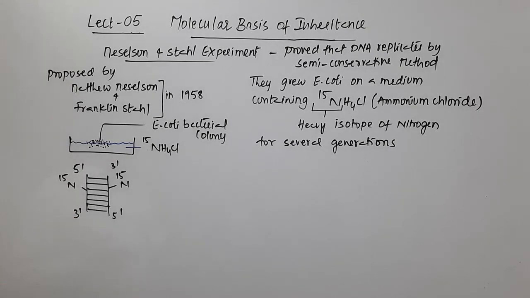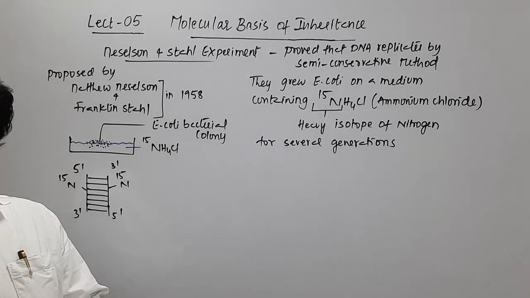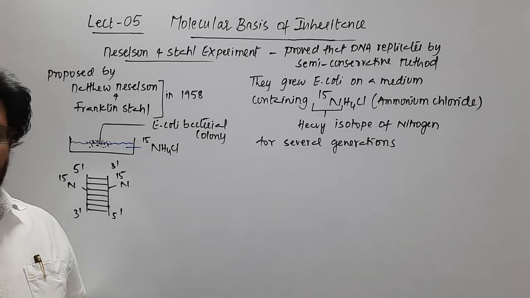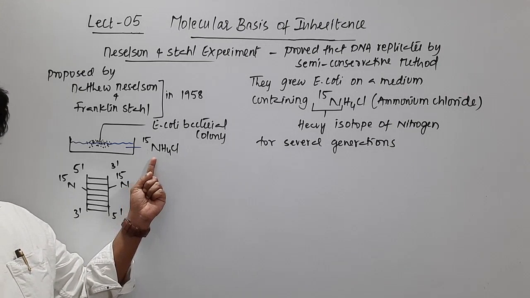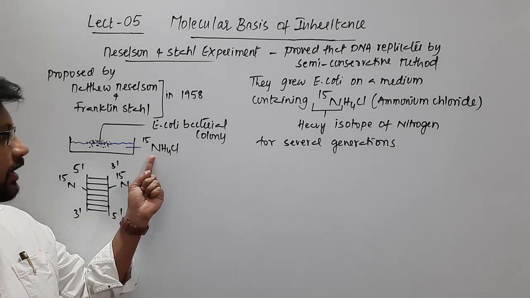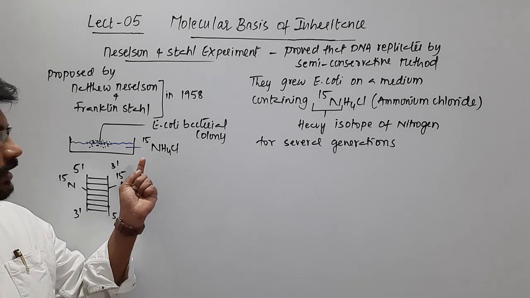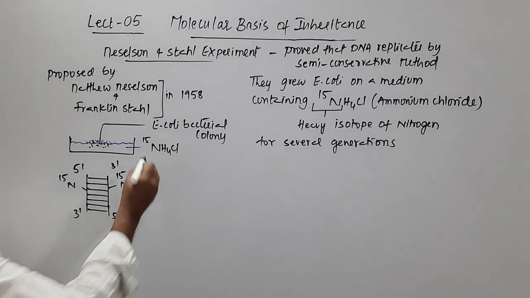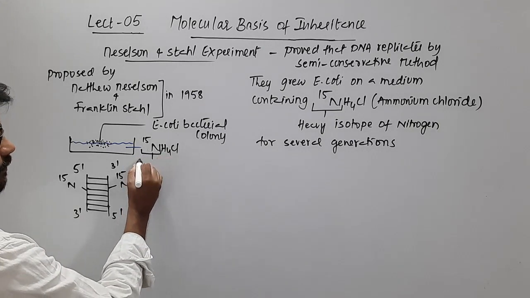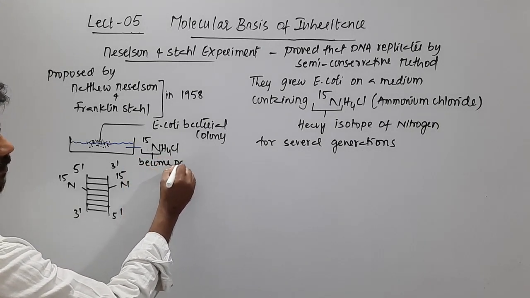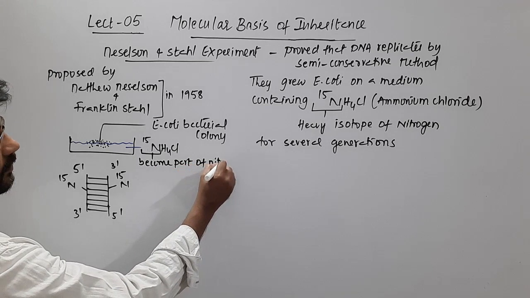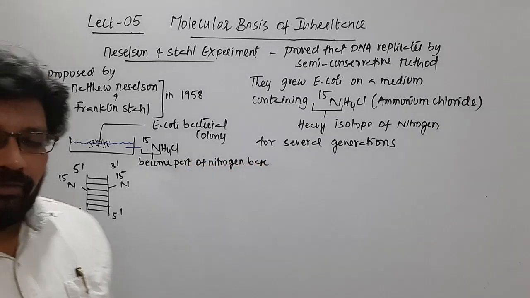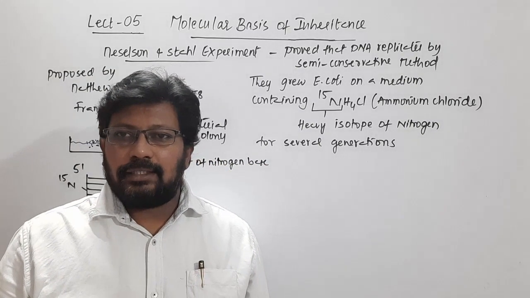What happens when replication takes place? Whenever a new strand of DNA is forming, it uses the sources. Here N15 is available, and this N15 becomes part of the nitrogen bases.